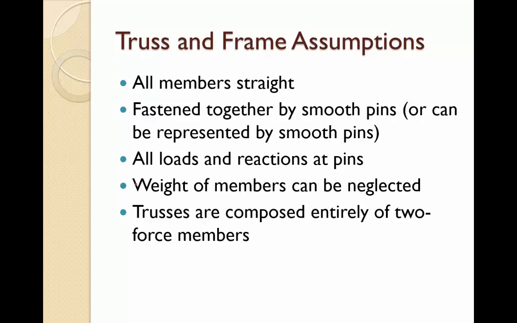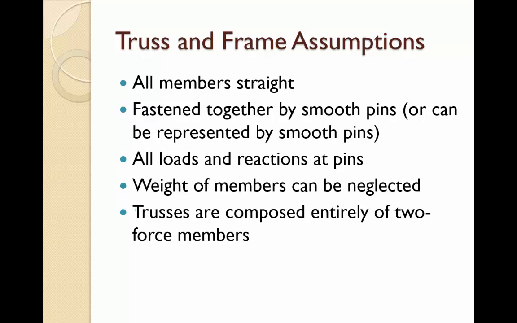The next assumption is that the weight of the members is very small when compared to the overall load that they're supporting, so it can be neglected. For a roof truss, for example, the individual members would be made out of wood in most cases, and compared to the actual weight of the roof, the weight of the members is fairly low.